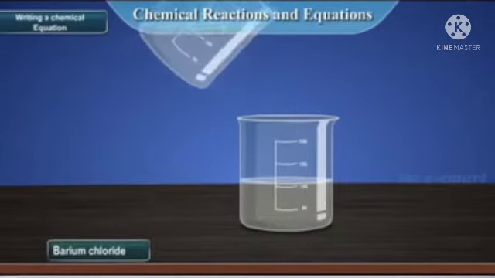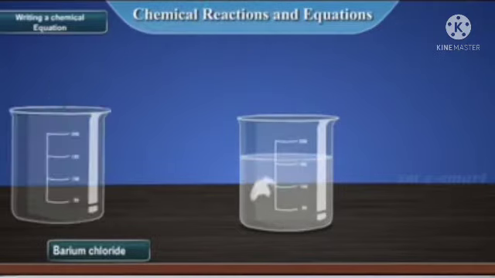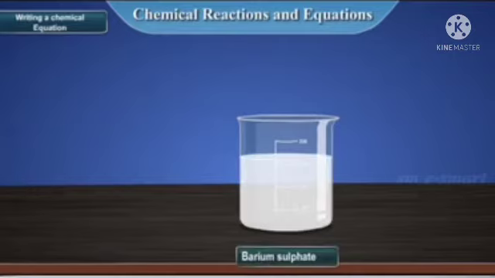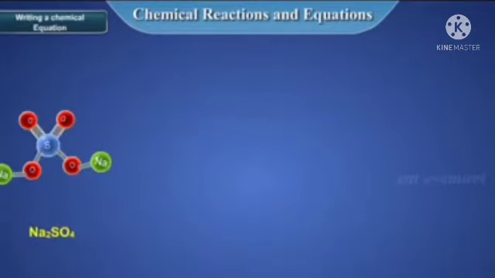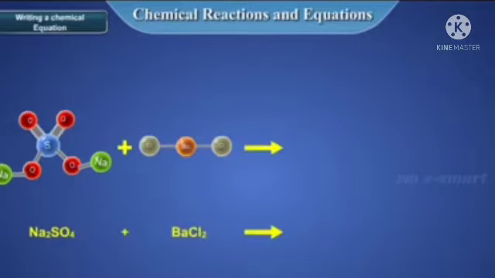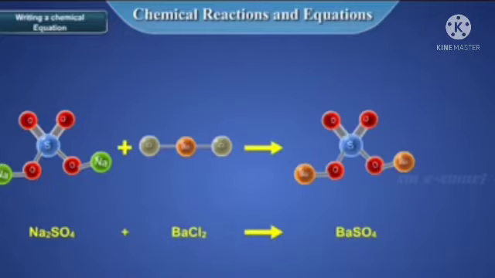Sodium sulfate reacts with barium chloride to give precipitate barium sulfate, BaSO4. Na2SO4, sodium sulfate, plus barium chloride gives barium sulfate plus sodium chloride.